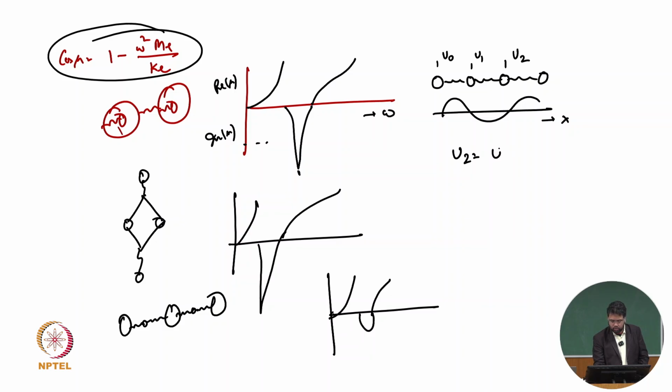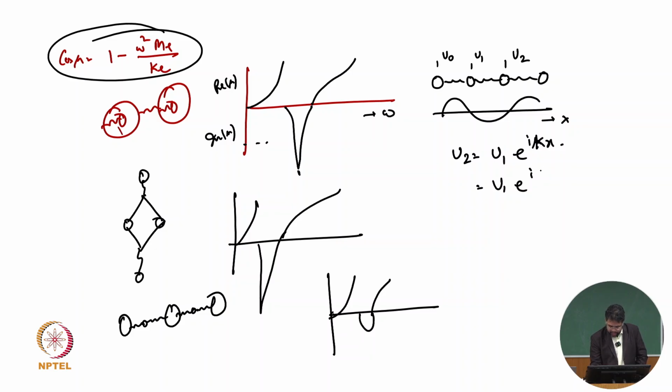So u2 equal to u1 into e to the power of i mu, or ikx. Once we are writing that, this k could be real and imaginary. So this is the real and imaginary part of it.